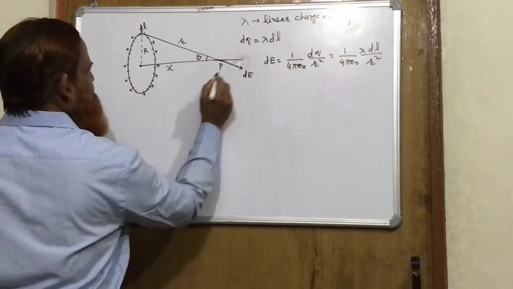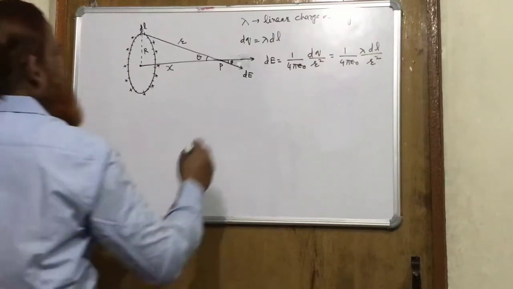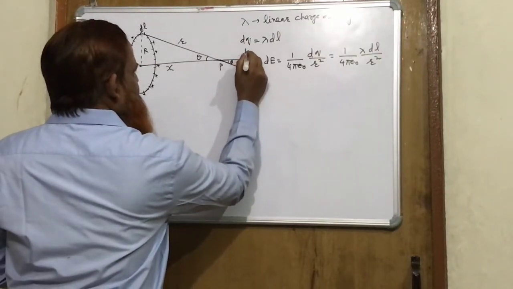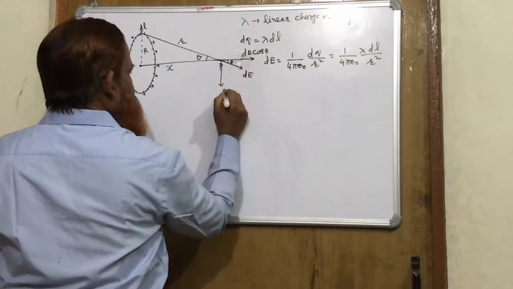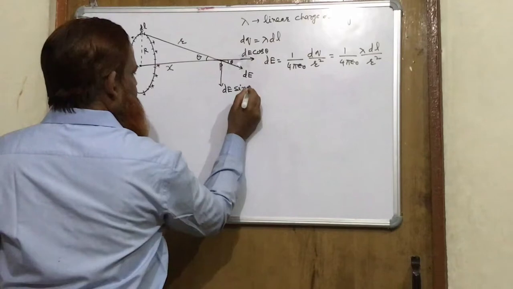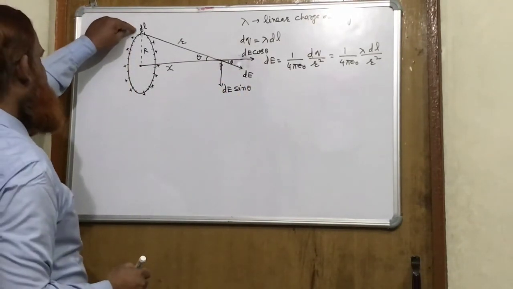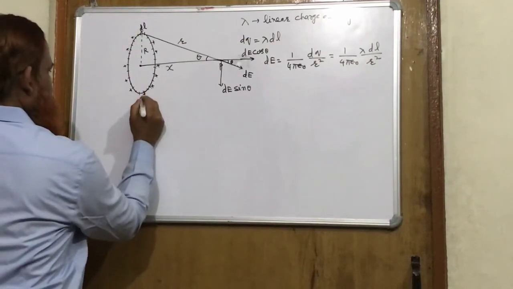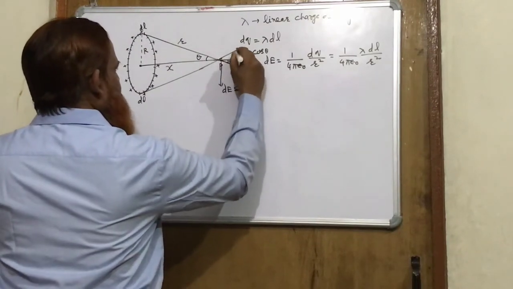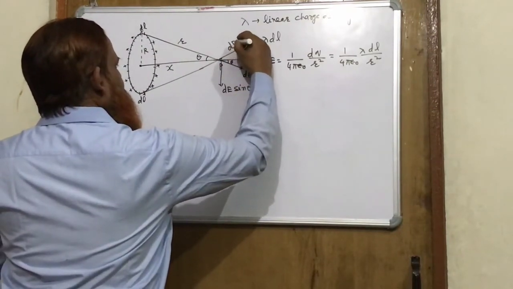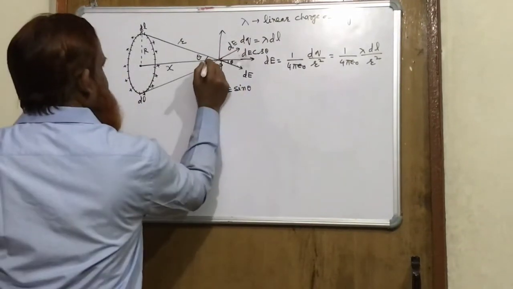Let this angle be theta, so this angle is also theta. If we resolve it, then dE cos theta is in this direction and dE sin theta is in this direction. As dl is in this direction, there is another diametrically opposite dl, due to which we will also find the electric field, and the angles are again theta.